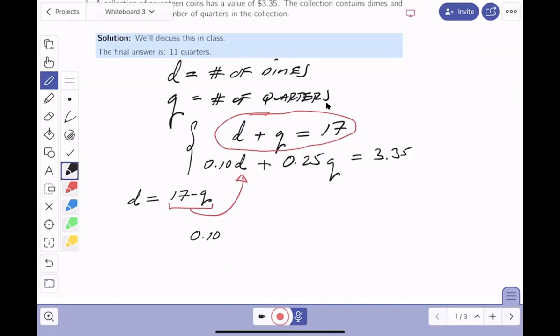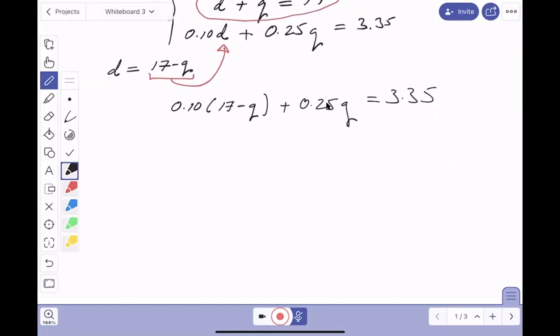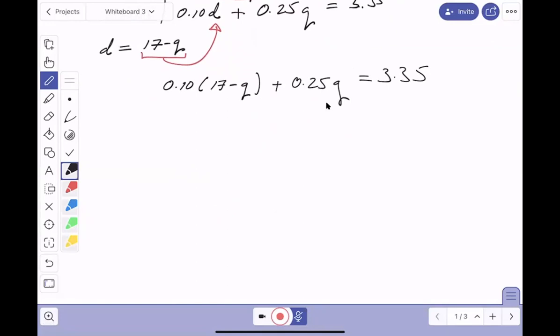Let's write that down now. 0.10 times D. What's D? 17 minus Q, plus 0.25 Q is equal to $3.35. Let's keep moving through it. And again, I know it's difficult. If you have trouble with arithmetic, please use the calculator.